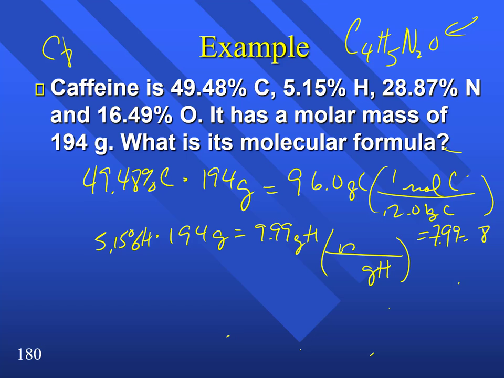When I divide 9.99 by 1.01, what number am I going to get? Something really close to 10, right? I think you get 9.96 or something like that. So, that's 10. H10.